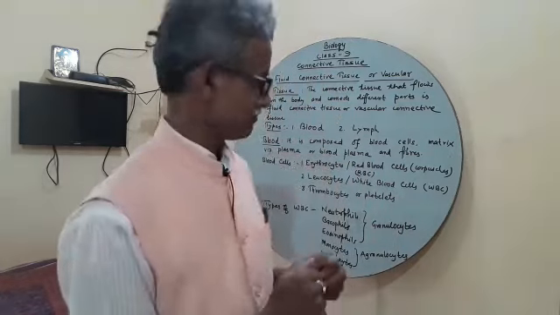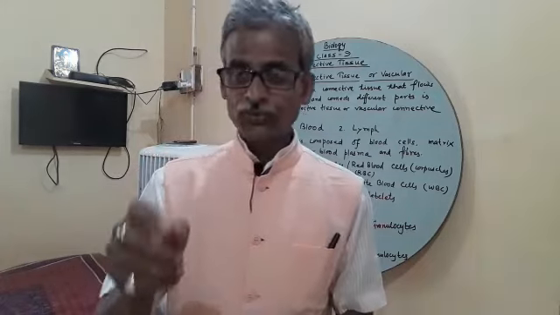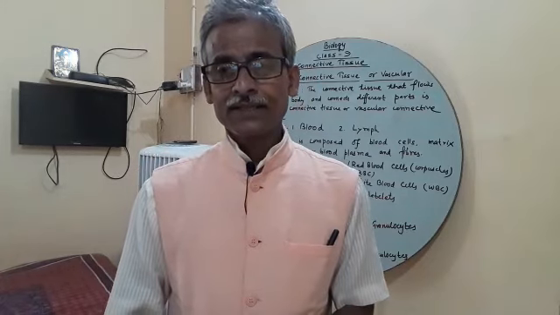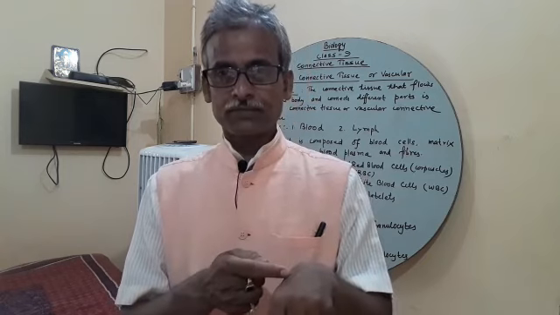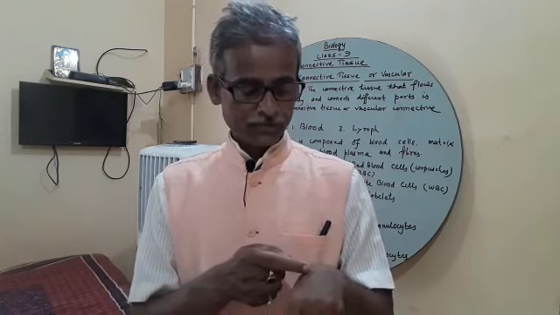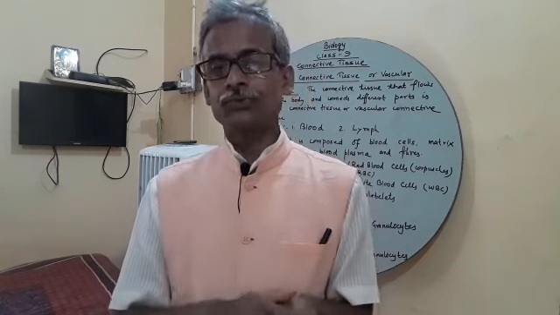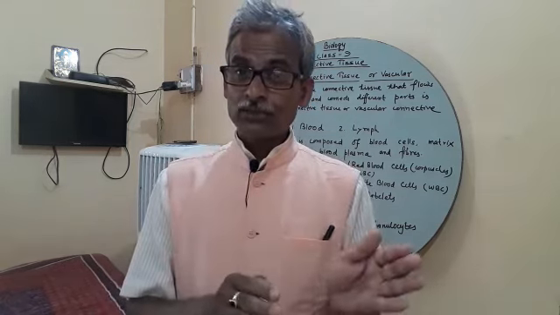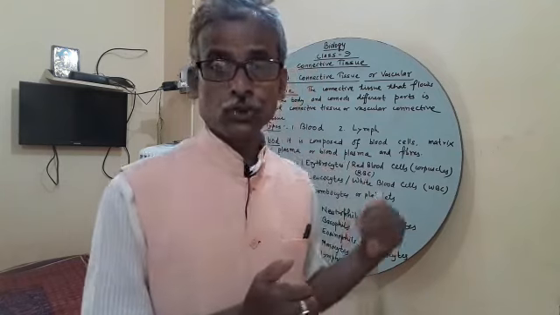We know very little about them, but one thing we know is that they help in clotting of blood. When there is a puncture of veins or any tissue, blood comes out. As soon as blood comes in contact with air, it clots. Why? Its clotting is controlled by these thrombocytes.